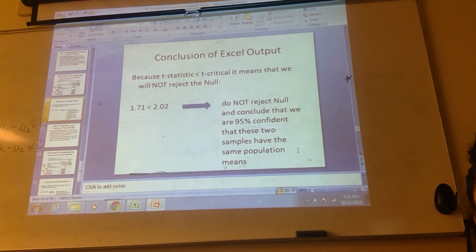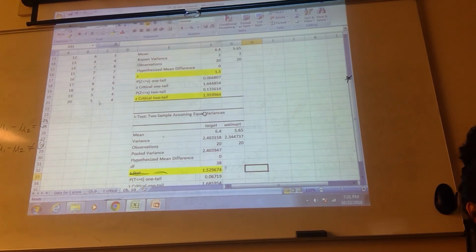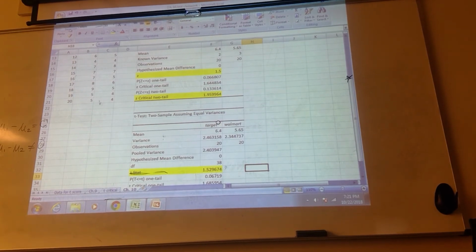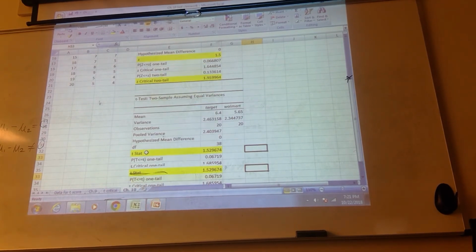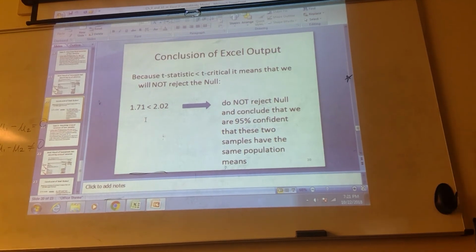The 1.5 is for the z-test, so now we're on the t-test, in case 2. 1.52 is less than 2.02.